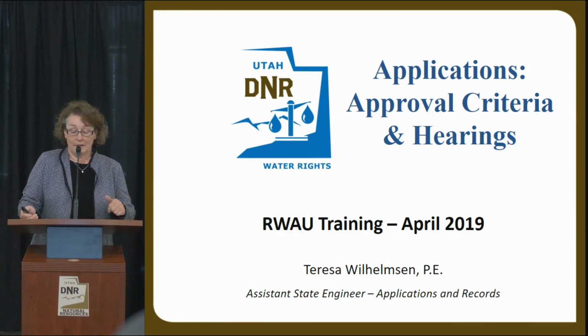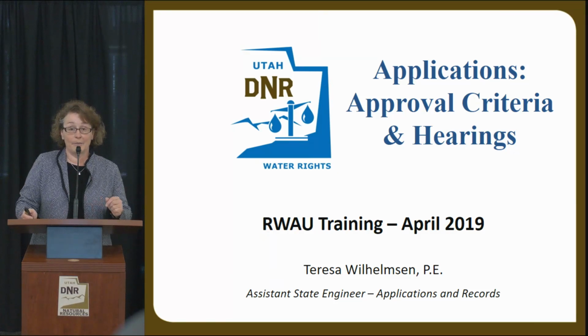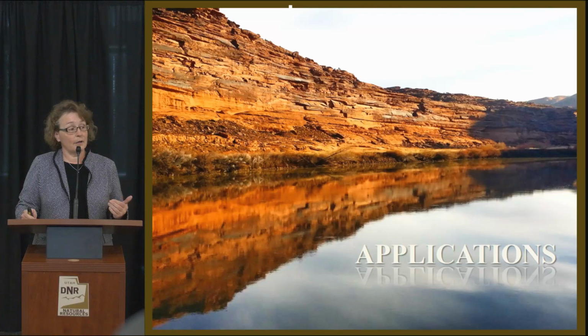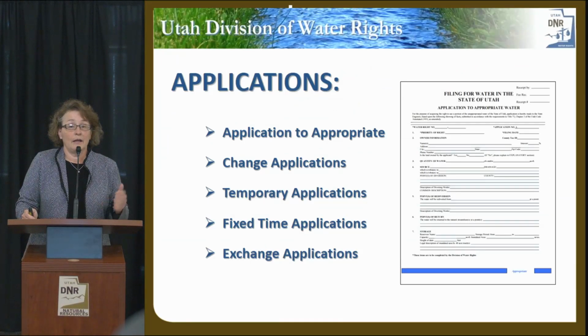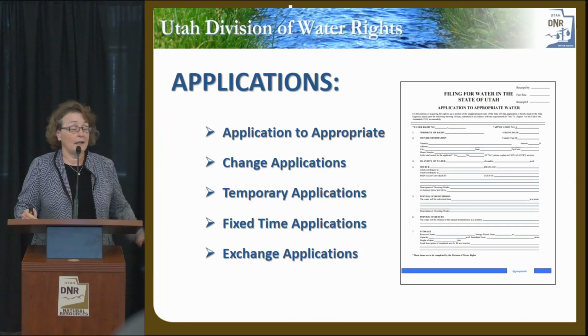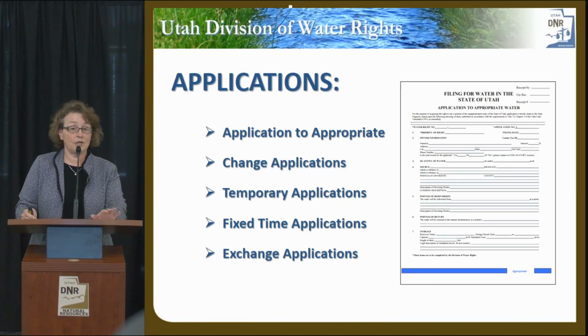But my portion of this, we're going to talk about application approval criteria and the legal framework that we go through. And I'm just going to reiterate just a little bit. Andrew covered a couple of these types of applications that we deal with. And in that first video, I mentioned that we were focusing on, for the process, applications to appropriate, change applications, and exchange applications.